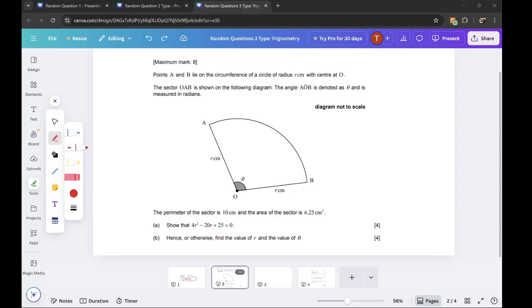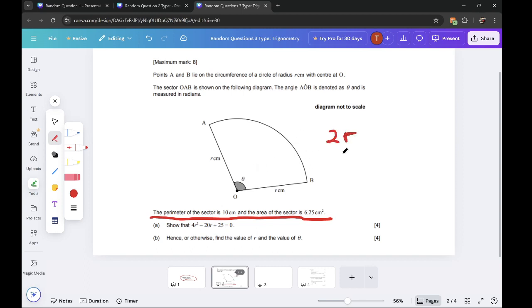It says the perimeter of the sector is 10 centimeters and the area is 6.25 centimeters squared. They want you to figure out that you have to do something related to this. So I would start off by writing out the perimeter.